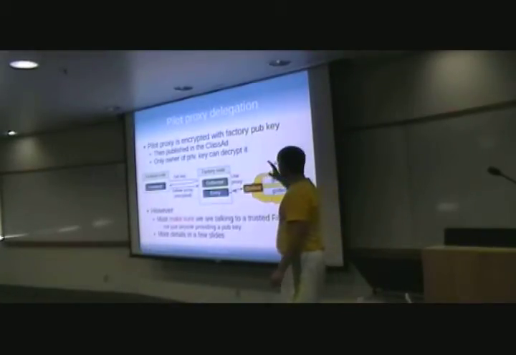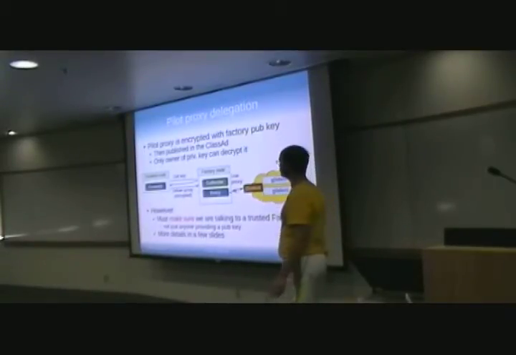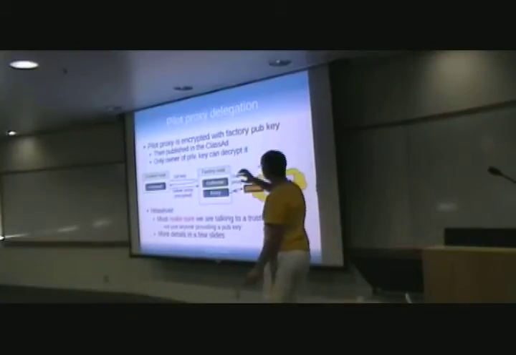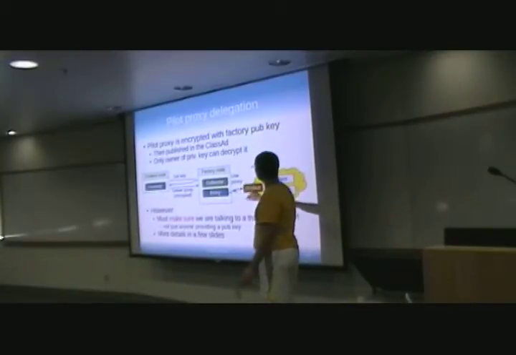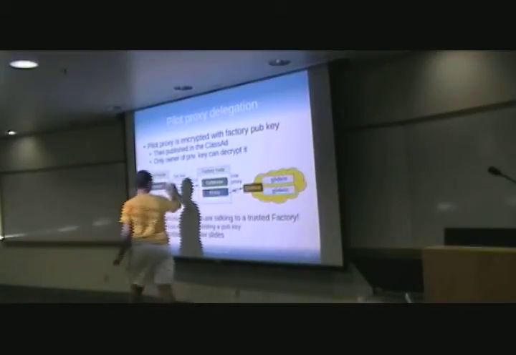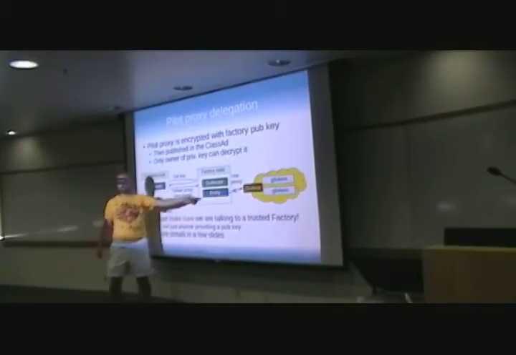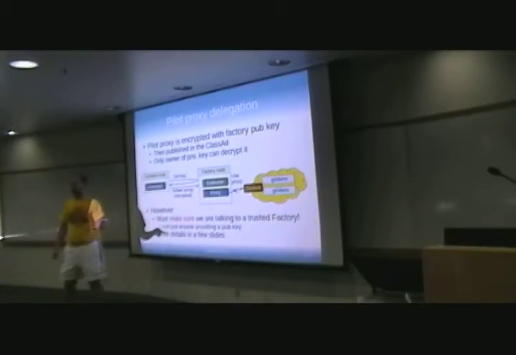Now, I already mentioned that the proxy is delegated to the factory. Here we go a little bit more in detail how it is actually done. So as I said, the private proxy is encrypted in the classad that goes to the factory. Now, you want to make sure that what you encrypt and send to the collector can only be read by the factory and not by everybody around the world, because if anybody can decrypt your message, yeah, it is encrypted, but there is no security involved.